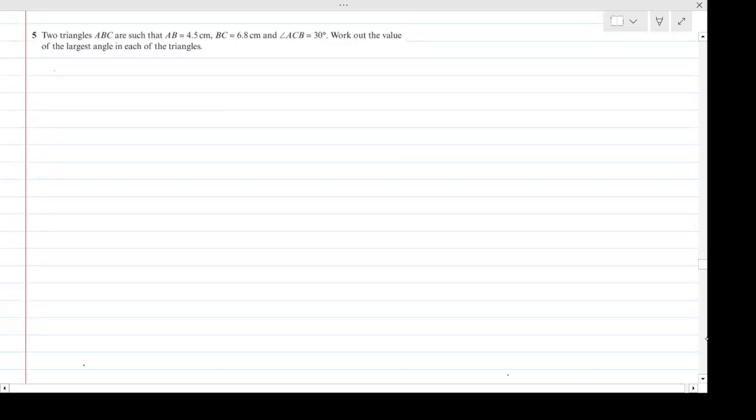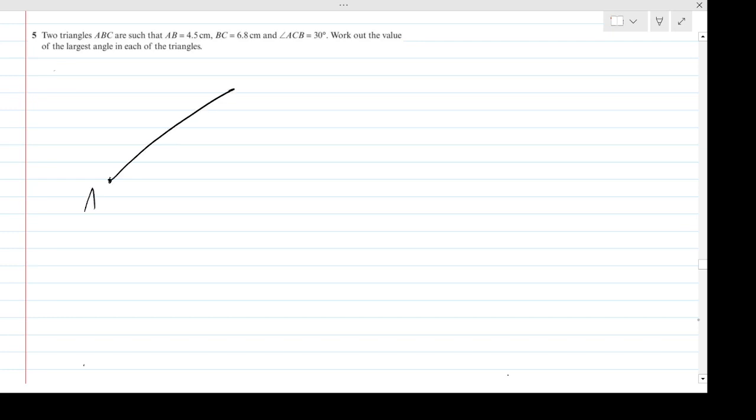Let's have a look at another question then. Okay, it says two triangles ABC are such that AB is 4.5, BC is 6.8, and angle ACB is 30. Work out the value of the largest angle in each of the triangles. So again, I've got some stuff with lengths, so probably best to draw a little rough triangle to put all my information in to see clearly what to do.